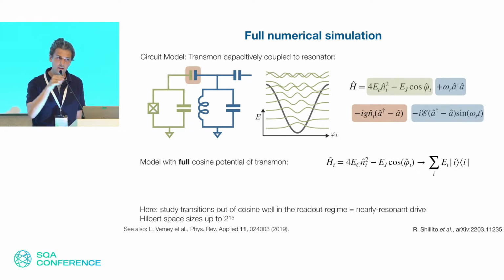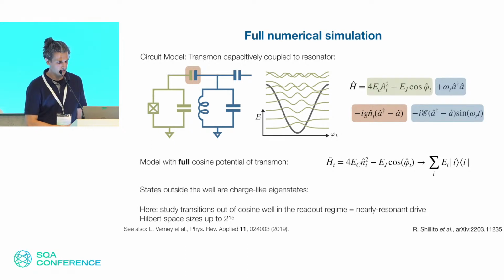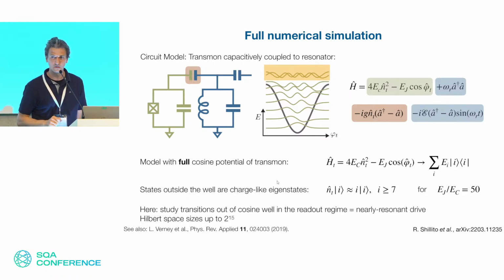We take the transmon and diagonalize it, and we work in the energy eigenbasis of the transmon, and we denote the eigenstates of the transmon qubit by I. What's important to note is that the states outside of the transmon well are charge-like eigenstates. So they are eigenstates of this operator n sub t for I approximately greater than 7 in the regime of Ej over Ec of about 50, which is a typical regime for transmon qubits.